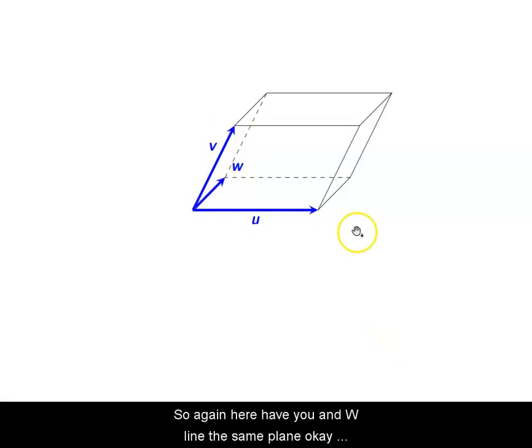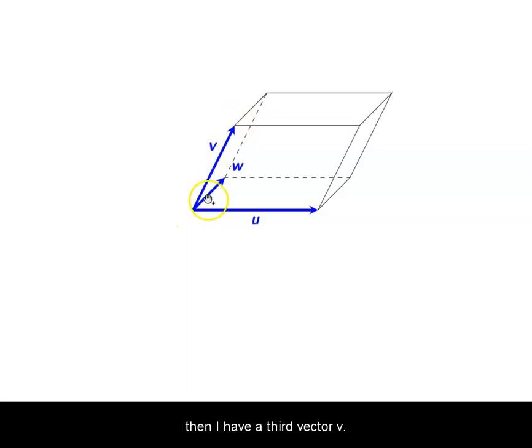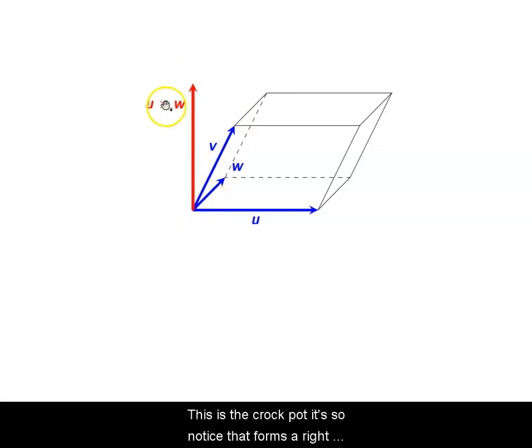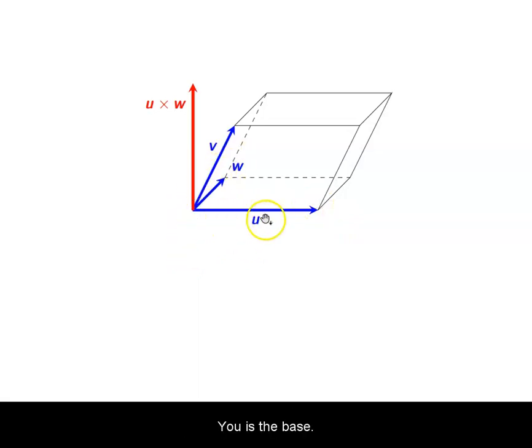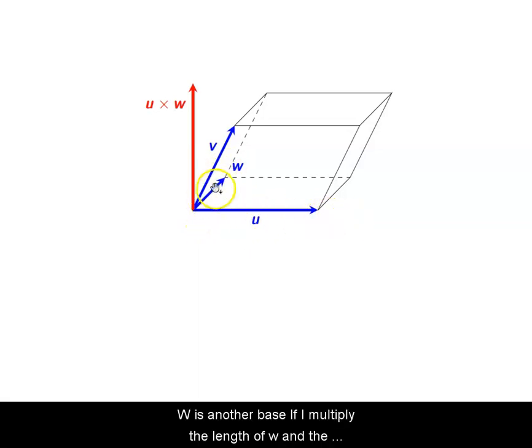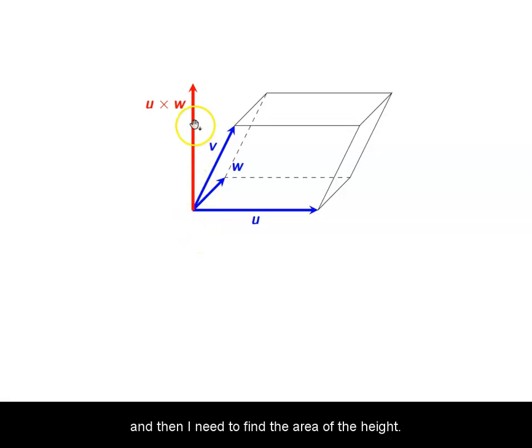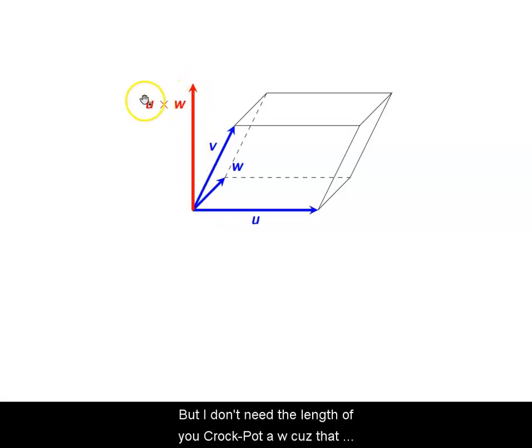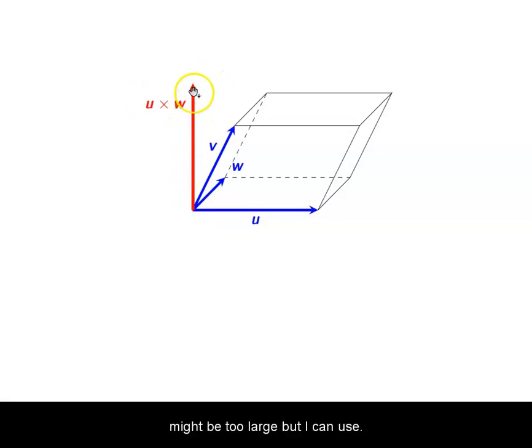So again, here I have u and w lie in the same plane. Then I have a third vector v. This is the cross product. Notice it forms a right angle with u and it forms a right angle with w. U is the base. W is another base. So if I multiply the length of w and the length of u together, that gives me the area of the base. And then I need to find the height, but I don't need the length of u cross product w because that might be too large.